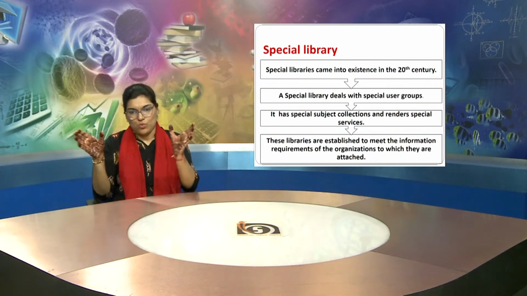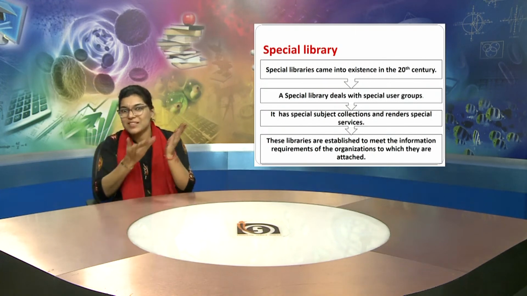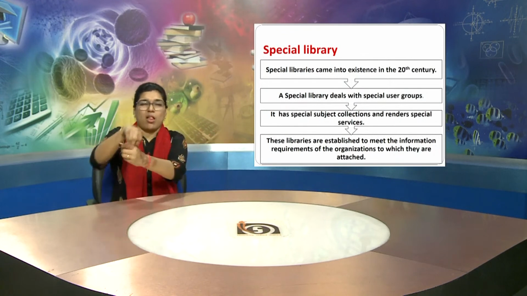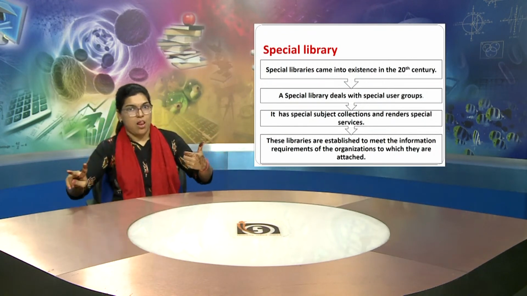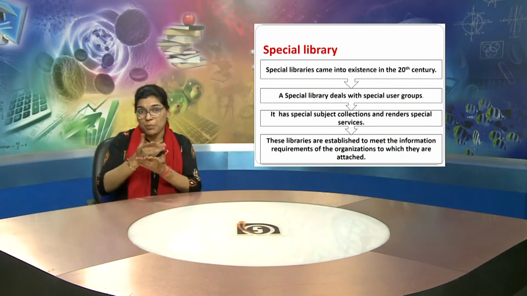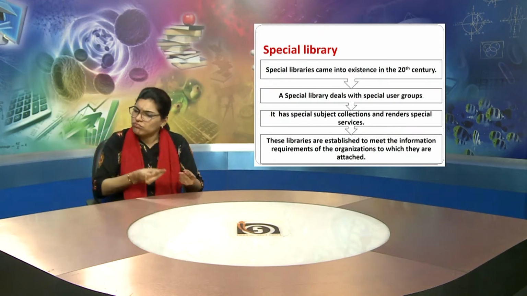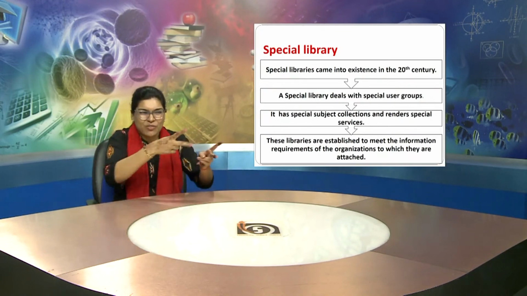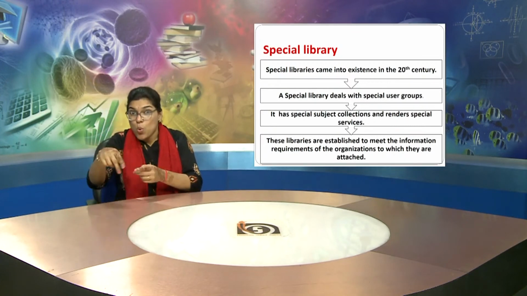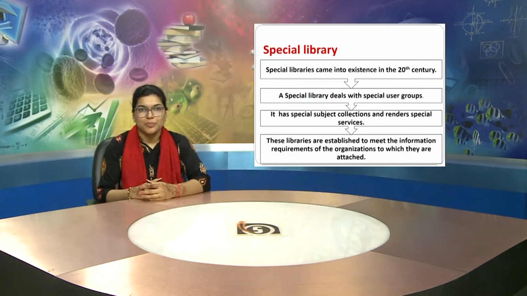It has a subject-specific collection and renders special services. These libraries are established to meet the information requirements of the organization to which they are attached. So whatever needs they have, those needs are fulfilled by them.